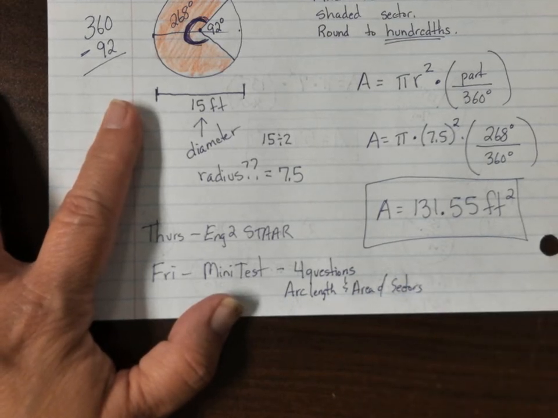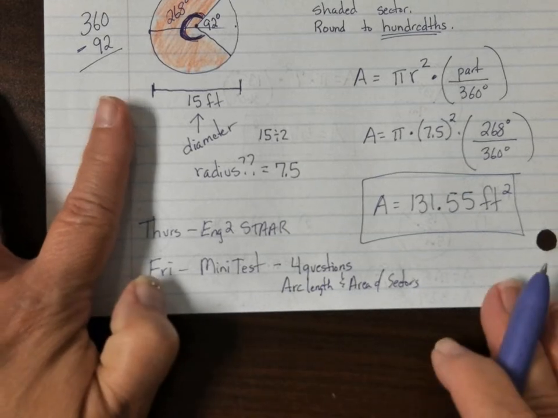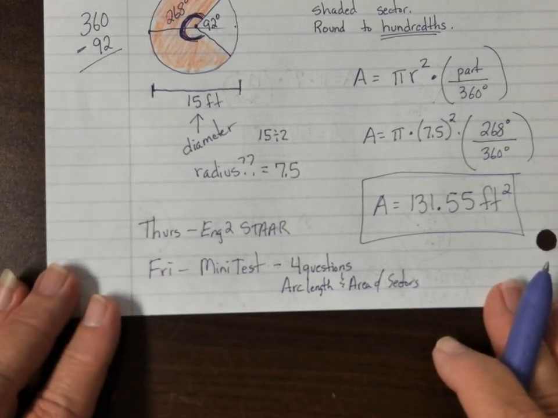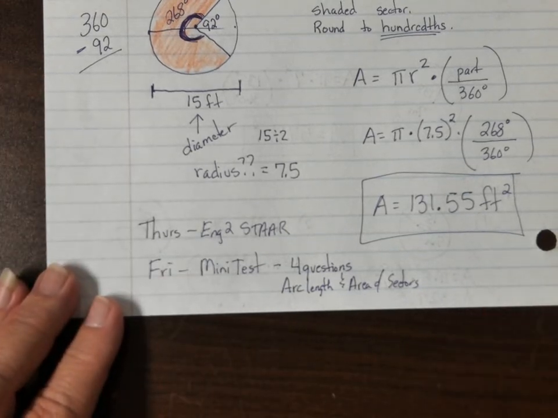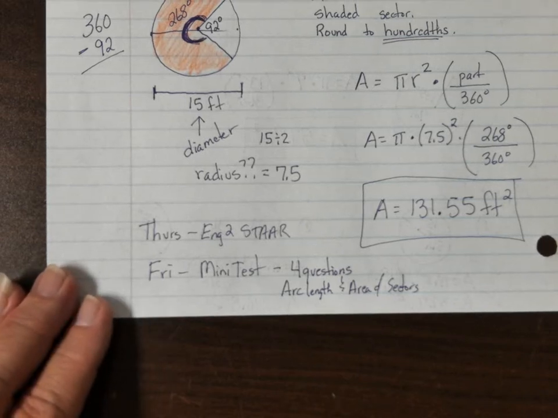So it's just everything that we did today. 4 questions. That's going to be on Friday. Alright, now let me just show you on Canvas for the rest of your day tomorrow, especially if you're not taking a star.